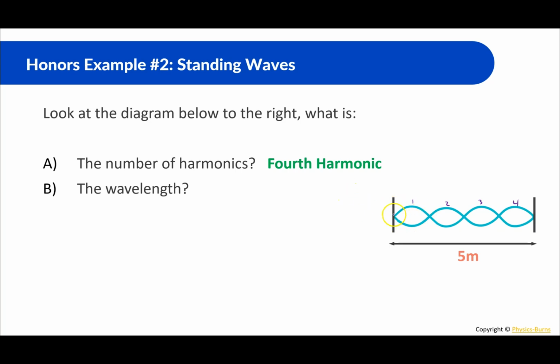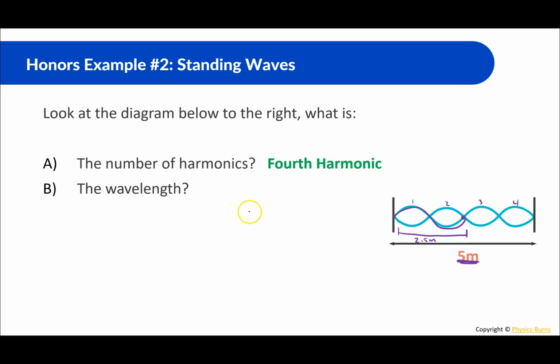First of all, the wavelength is where we can go from where it starts here through a full cycle. So that's going to be the wavelength. And in this case, that's going to be half of the length of the string. So this is going to be 2.5 meters. Okay, that's the answer.